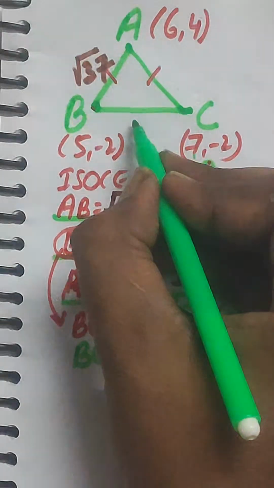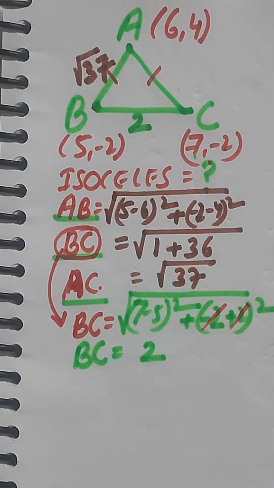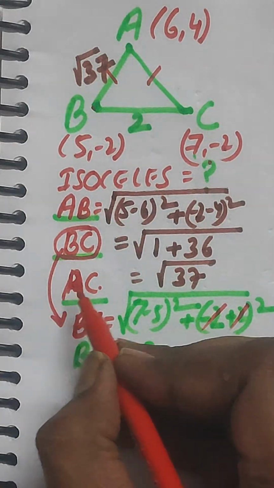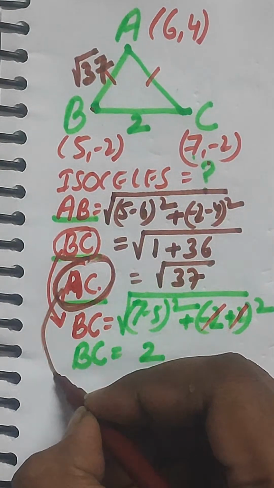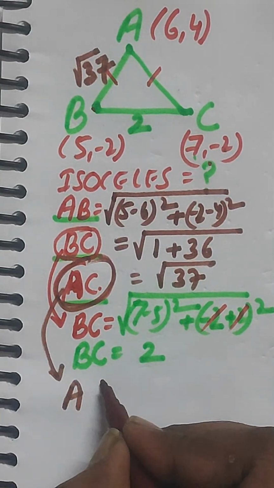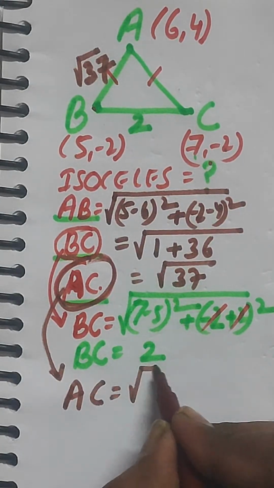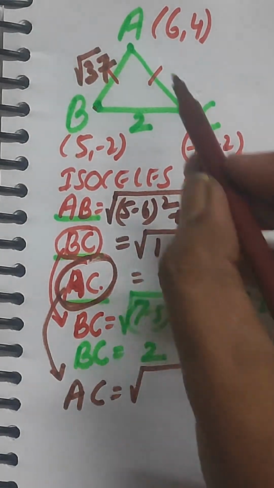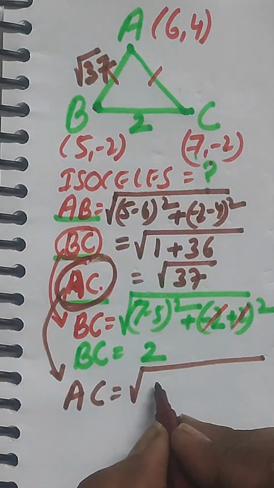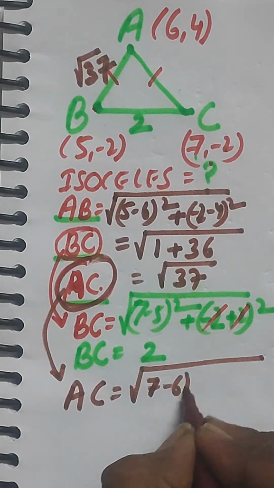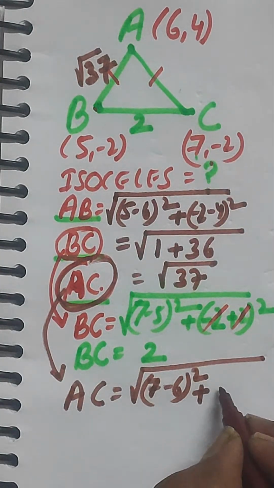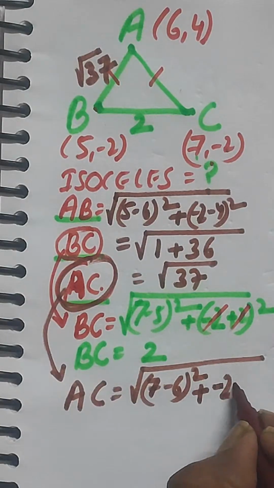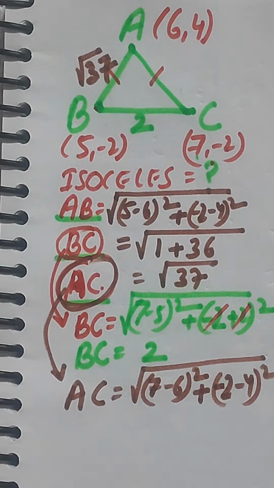This is 2. Now you can see the length of AC. What is the length of AC? This one. The length of AC is calculated over here by using the distance formula as root over of A to C, 7 minus 6 whole square, plus minus 2 minus 4 whole square, right?